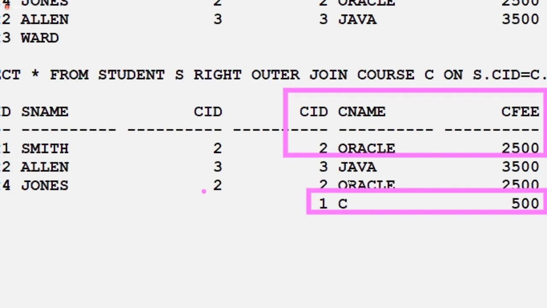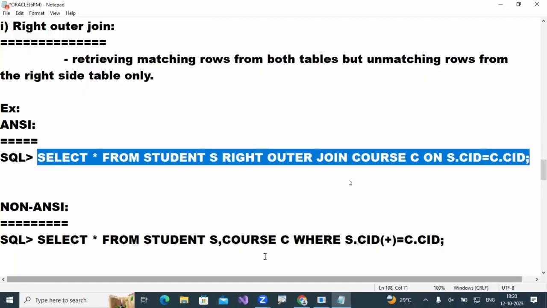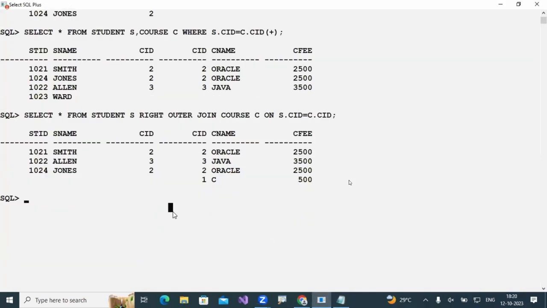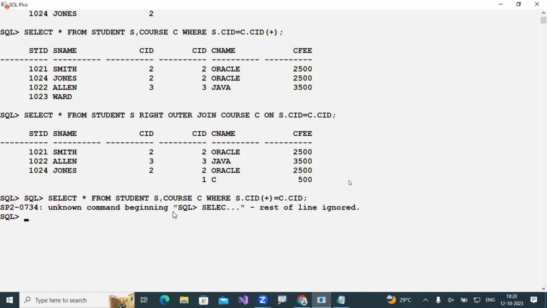And the same if I want to go for non-ANSI format, the join operator symbol we apply on the left side.